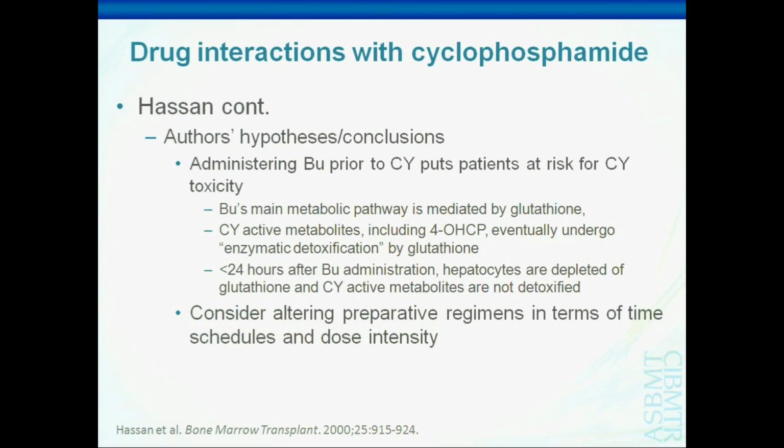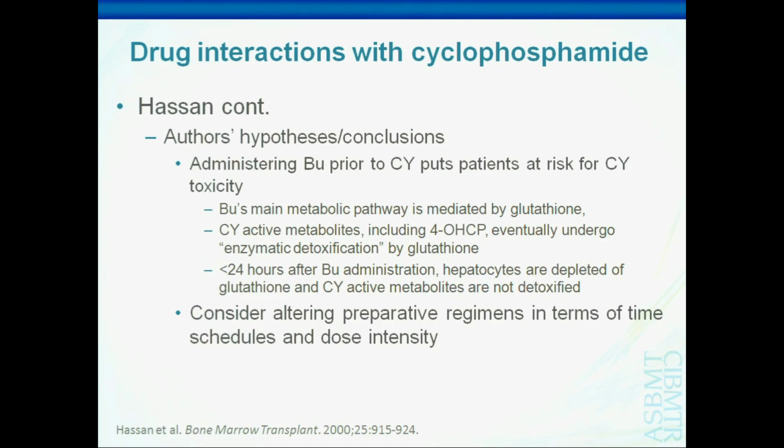These authors hypothesized that administering Bu prior to Cy puts patients at risk for Cy toxicity for the following reasons. As we know, Bu's main metabolic pathway is mediated by glutathione. We also know that cyclophosphamide's active metabolites, including 4-hydroxycyclophosphamide, eventually undergo enzymatic detoxification by glutathione.